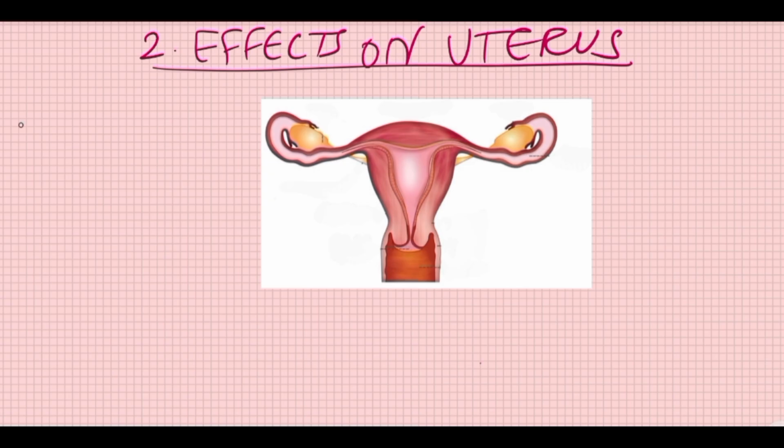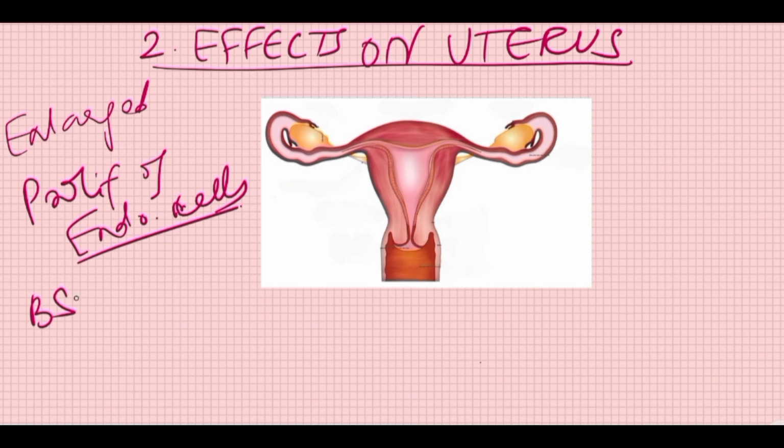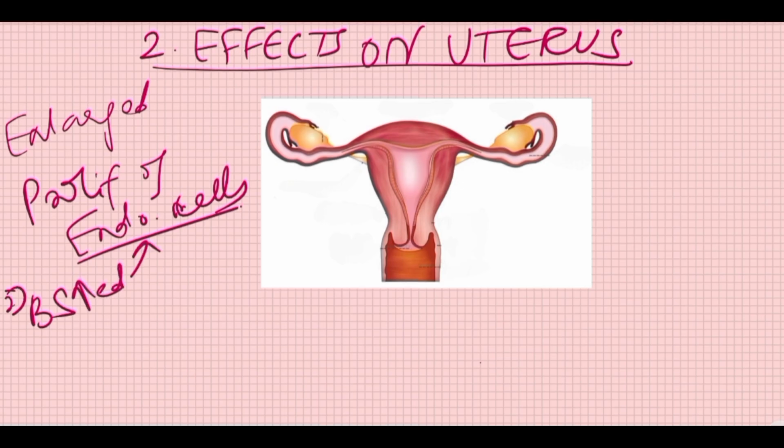The first one is the enlarged uterus, double of its childhood size by the proliferation of endometrial cells. Second one is the increased blood supply in the endometrium. Third one is the deposition of glycogen and fats in the endometrium.